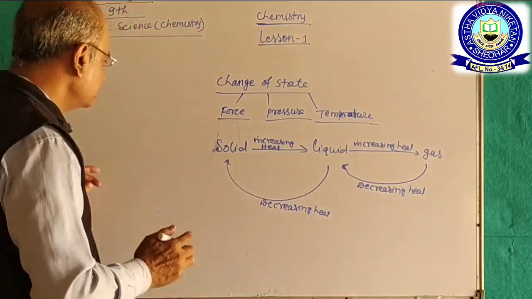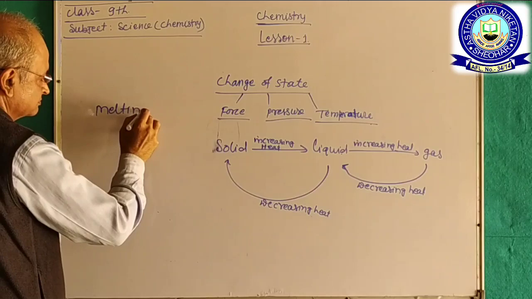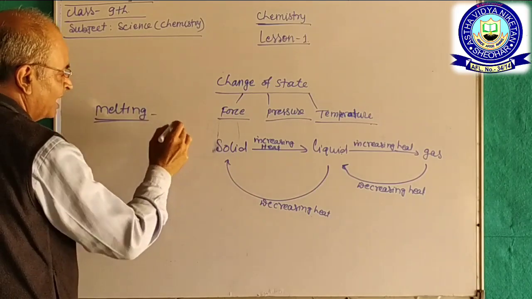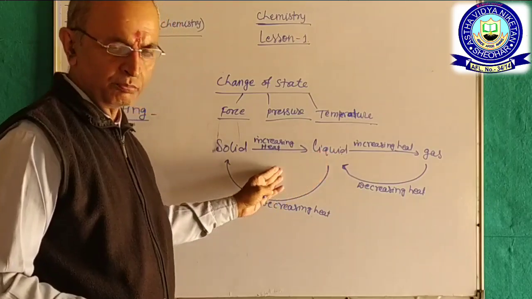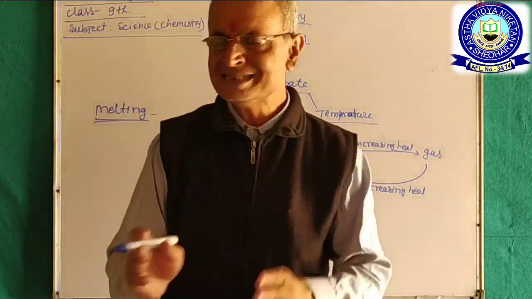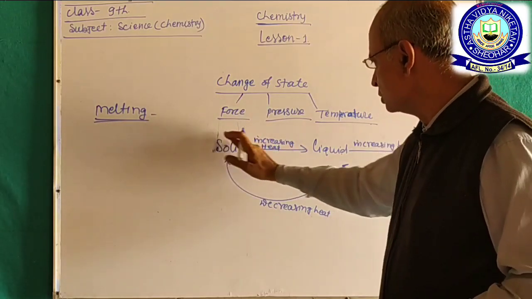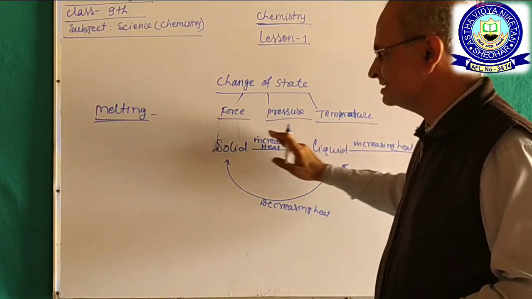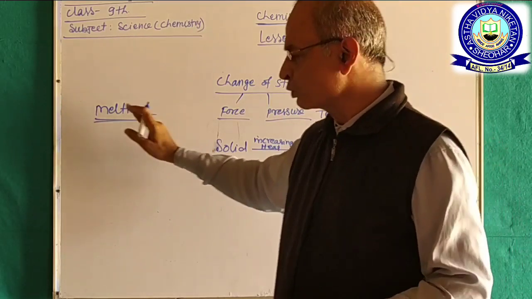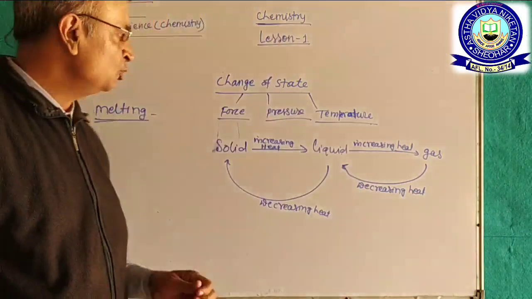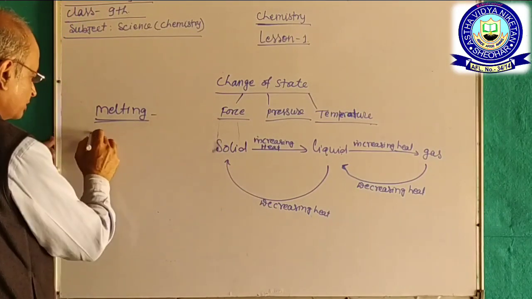First of all, melting. Melting is the process of changing solid to liquid. When we increase the heat, we say that it is melting. And the temperature at which the solid changes into liquid is called melting point.